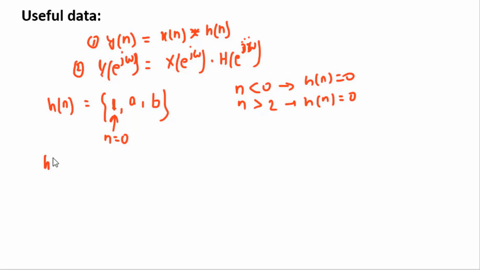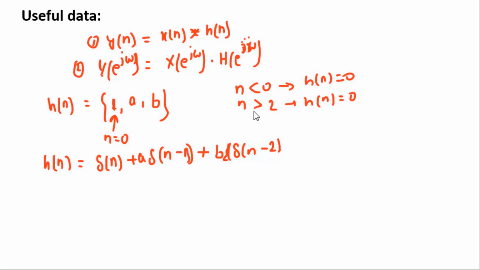So you can write h of n in terms of delta function as delta of n plus a times delta of n minus 1 plus b times delta of n minus 2. So this is your h of n.